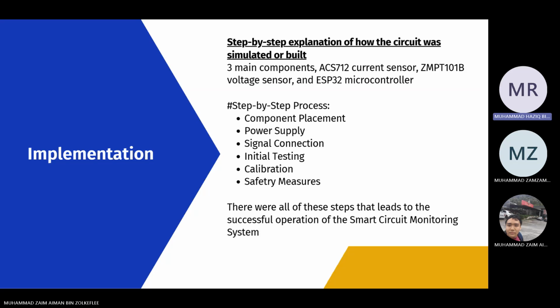This includes the ESP32 board, voltage sensor, and current sensor, such as a CT sensor or ACS712. You should ensure that the sensor pins, which are VCC, GND, and the signal, are clearly labeled and accessible for wiring to the ESP32.